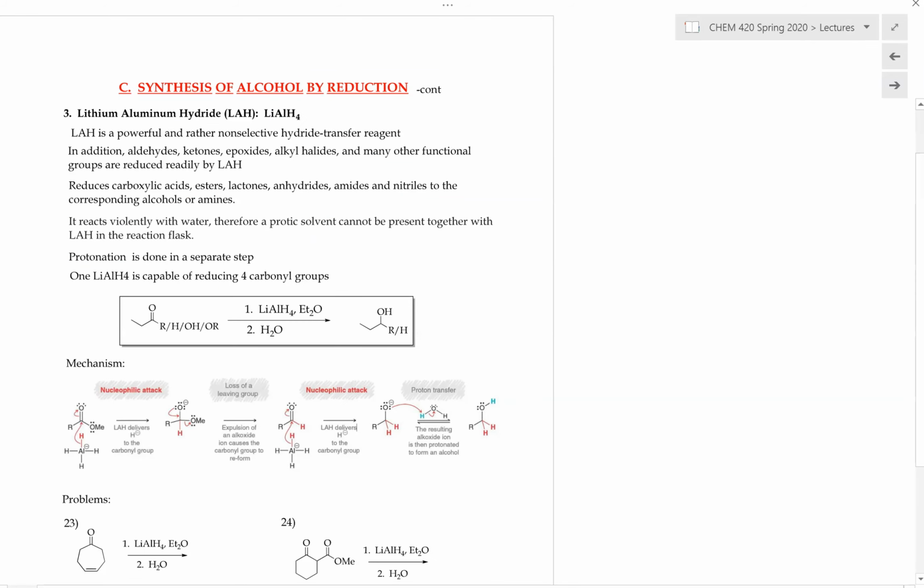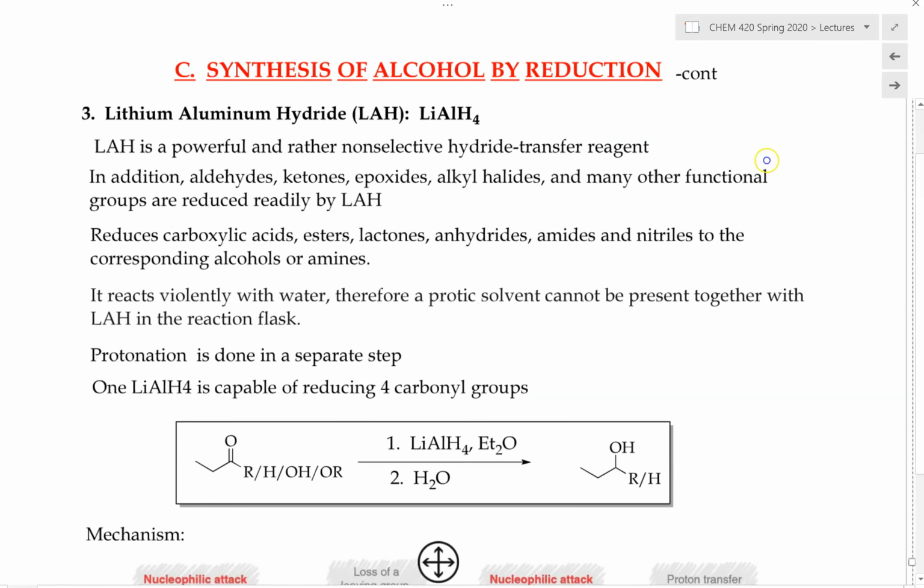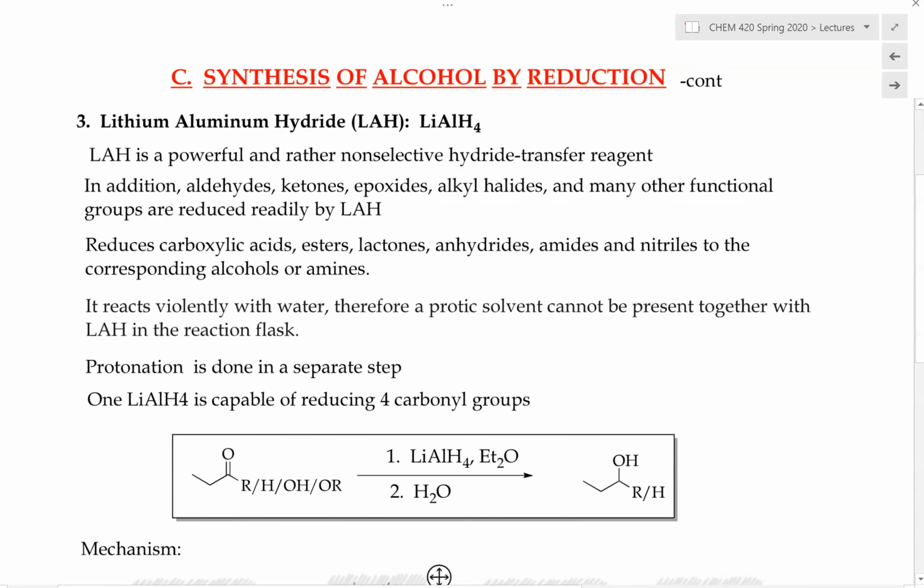And now let's discuss a very common, very powerful and in fact very universal reducing agent, lithium aluminum hydride, which is abbreviated LAH, and the chemical formula is LiAlH4. This is a very powerful reducing agent, and because it is very powerful, it is not selective, and it can be used to reduce pretty much anything.